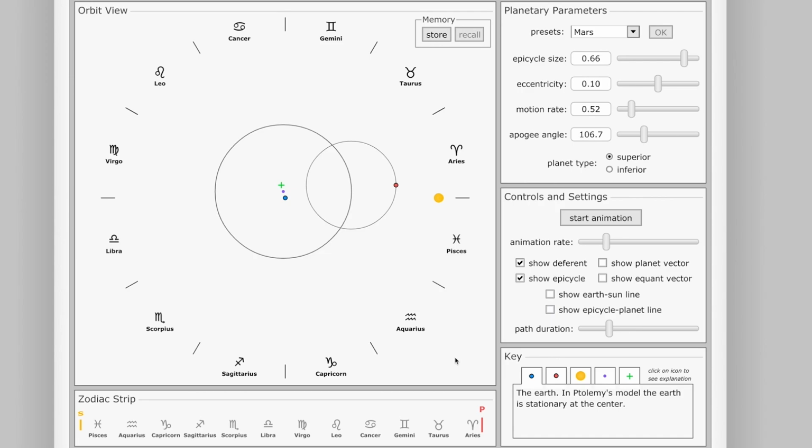Right now, I've got the simulator set for the planet Mars, which in many ways is our archetype for planets in retrograde, but we can just as easily configure this for Mercury or Jupiter or Saturn, and we would get similar behavior just with different relative sizes between the epicycle and the deferent. So let's get the simulator started and we can see what happens.